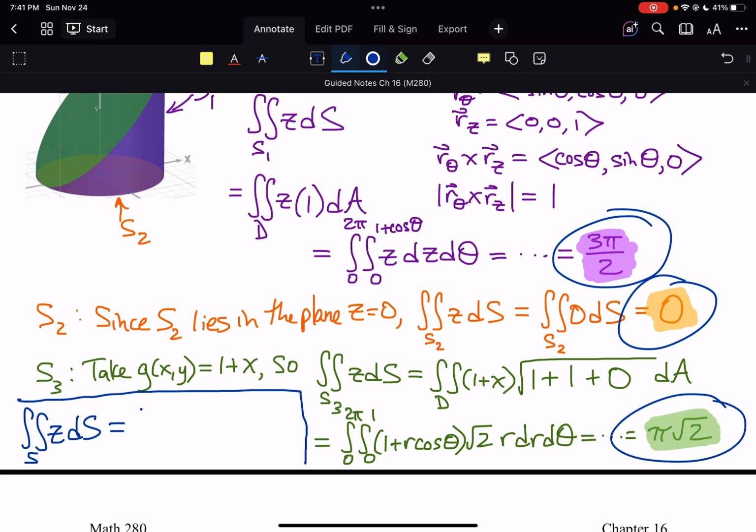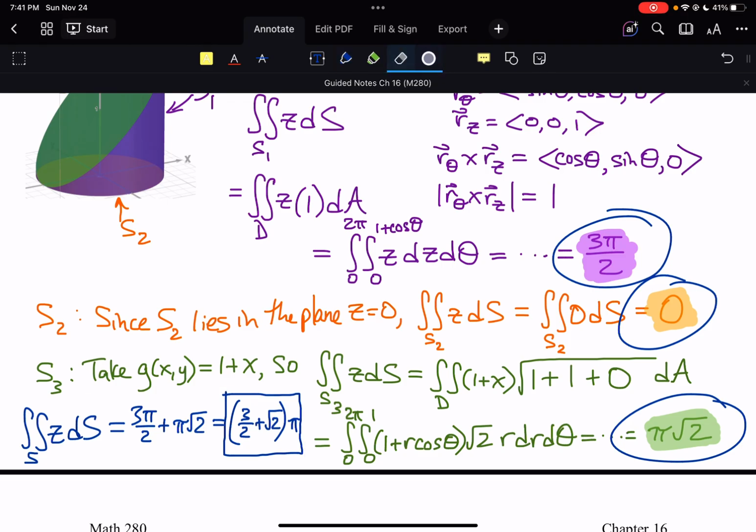So that's going to be 3 pi over 2 plus pi times rad 2. And this is where I went ahead and factored out the pi. So we get 3 over 2 plus rad 2, times pi. And that'll give us our final answer.